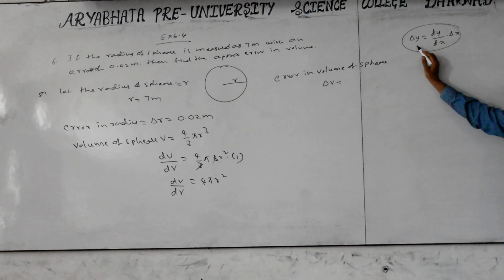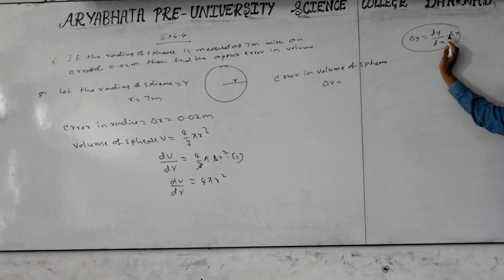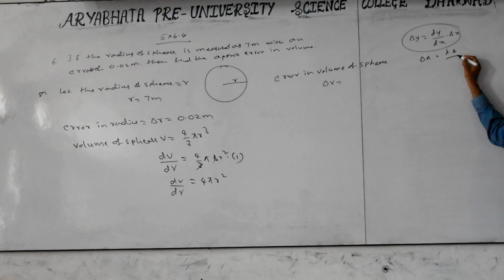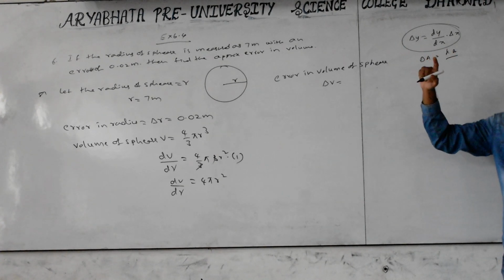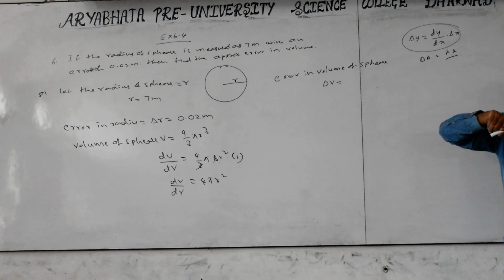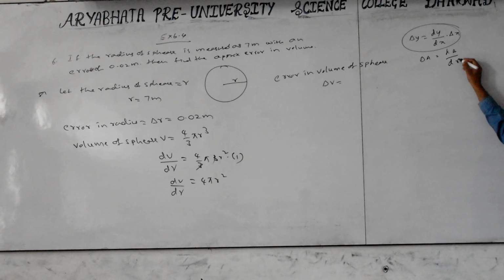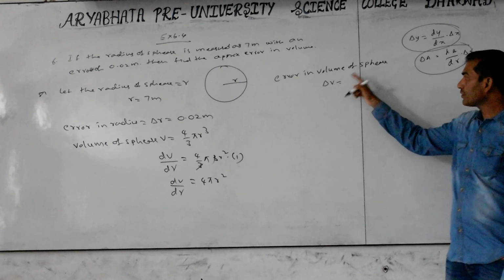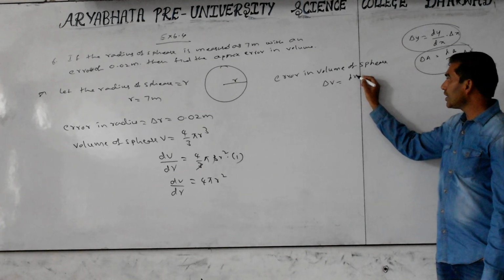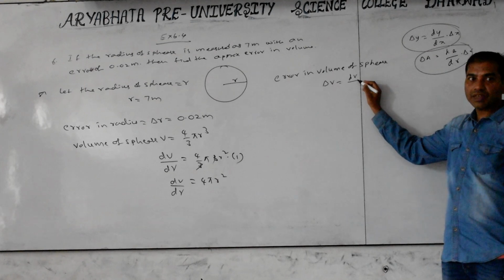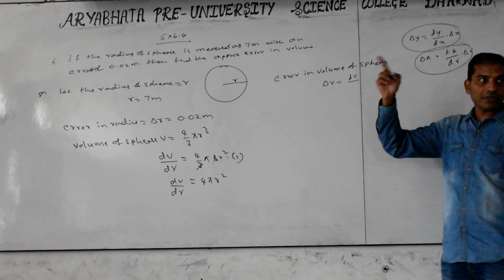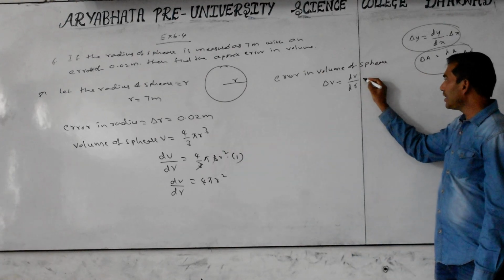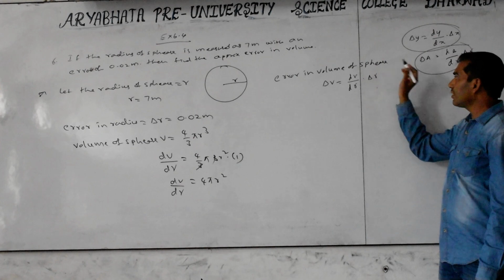Change in area delta A equal to dA by dr into delta r, if the area of a circle is considered, area of a circle is pi r square, it depends on radius. So change in volume of the sphere delta v equal to dv by, what is the variable? What is the volume of the sphere? 4/3 pi r cube. Variable is r. So dv by dr into change in radius delta r.